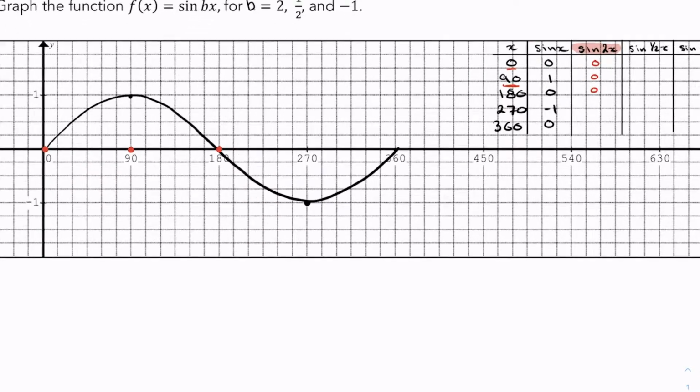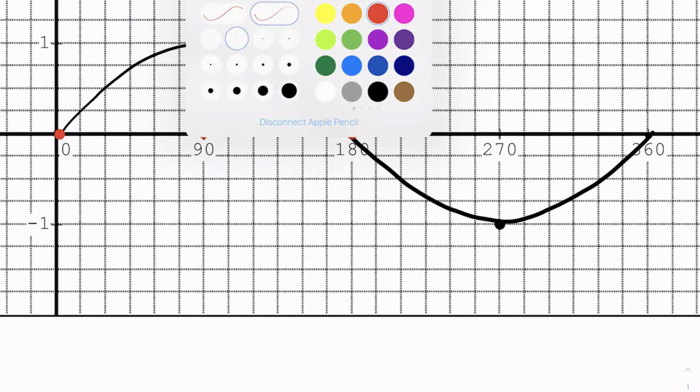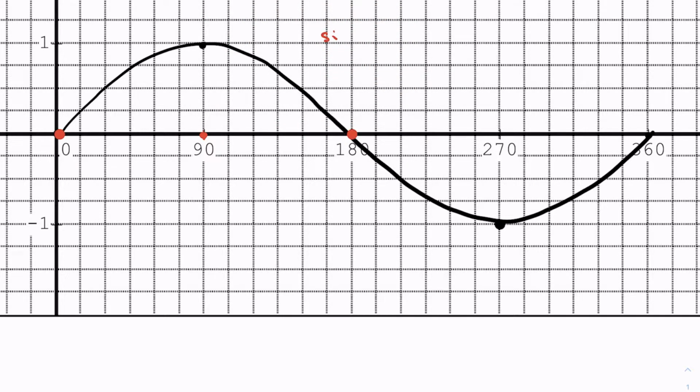Let me just zoom in on the graph. Remember, we're looking at sine of 2x. Let's pick a strategic value, say over here, 45 degrees. If I do sine of 2 times 45, that'll be sine of 90, which will give me not 0, sorry, that'll give me 1.